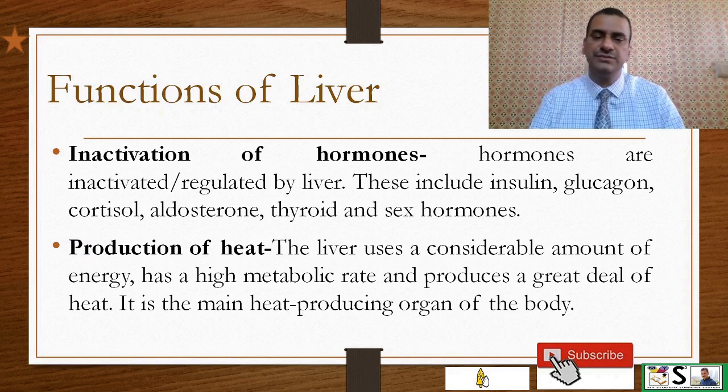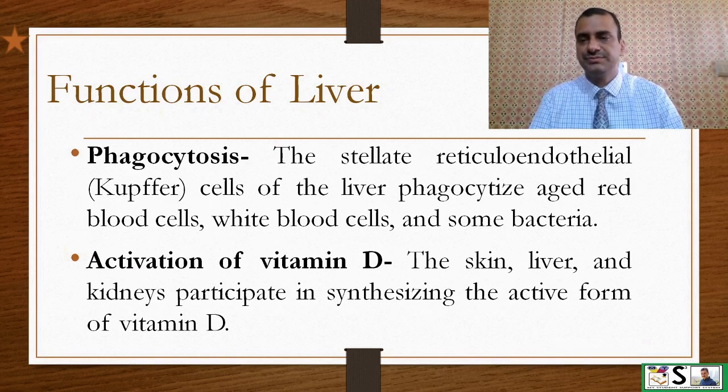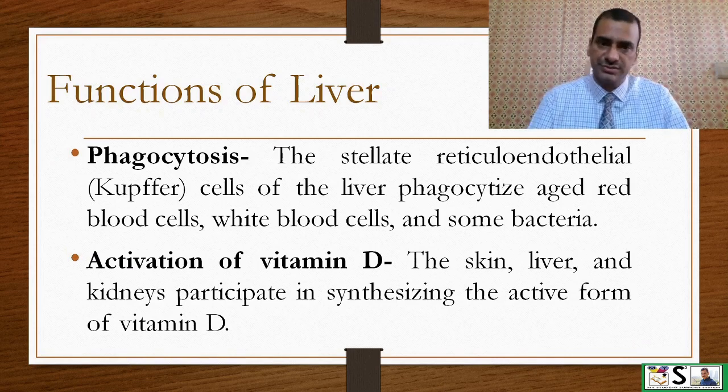Production of heat. The liver uses a considerable amount of energy, has a high metabolic rate, and produces a great amount of heat. It is the main heat producing organ of the body. Phagocytosis.